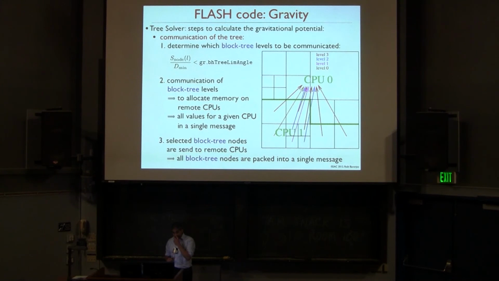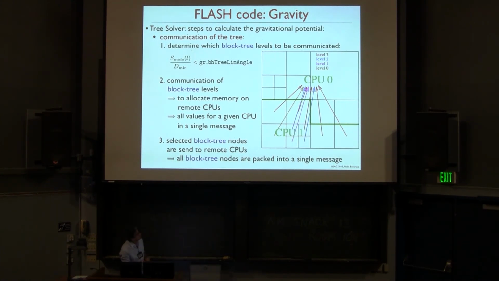And here's an example. You first decide which of the block trees should be communicated to which CPU, of course. Not all CPUs get all the information, but just the ones which really need it. It depends on the distance of a given block.